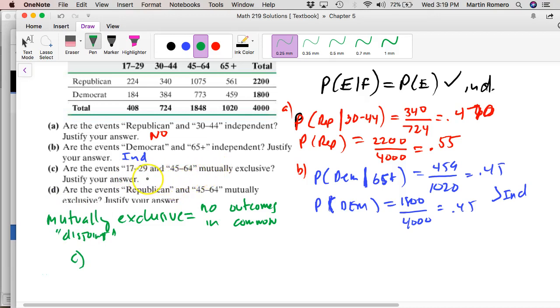Are those events disjoint, mutually exclusive? So the answer is yes on that, because you can't be both at the same time. D, can you be Republican and someone between 45 and 64? And the answer is you can be both at the same time. So those are not disjoint. So the answer is no. That's it.